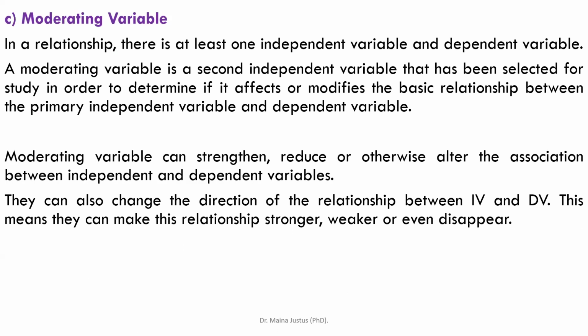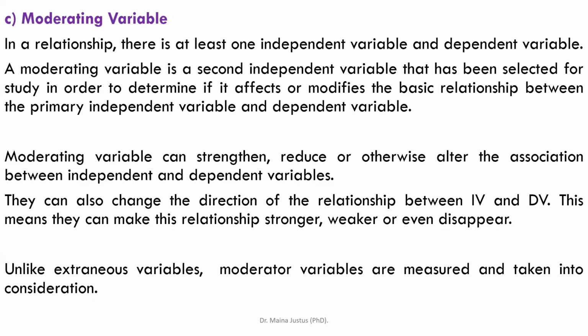It can strengthen that relationship, weaken it, or even completely change it. Unlike the extraneous variable, the moderators are measured and included. So a moderating variable has to be discussed from the beginning to the end. But extraneous variables are just uninvited guests, so they are not much mentioned in our work.